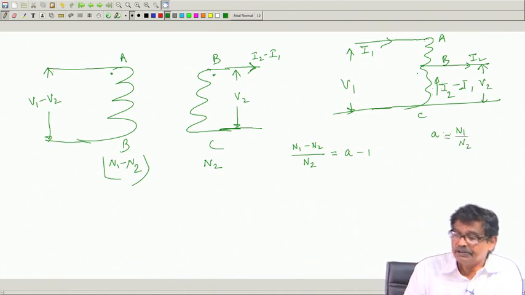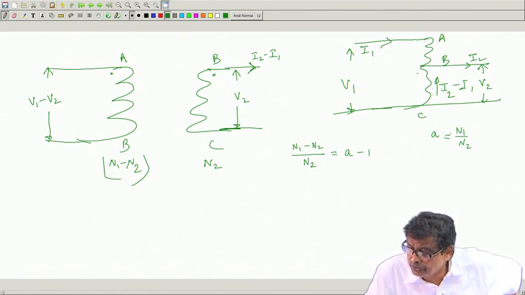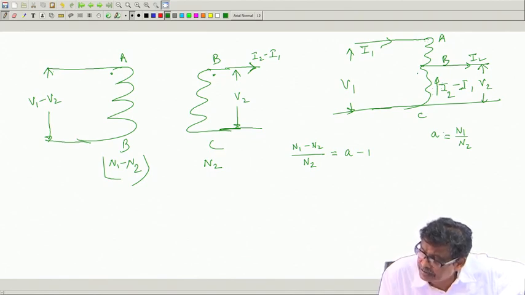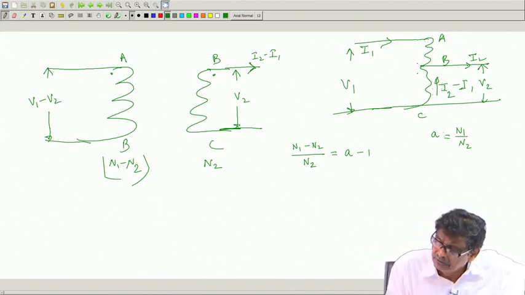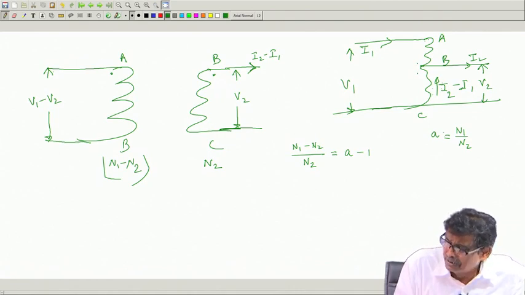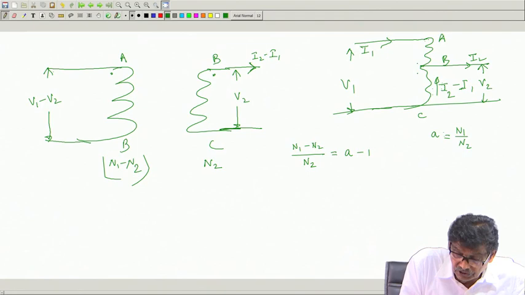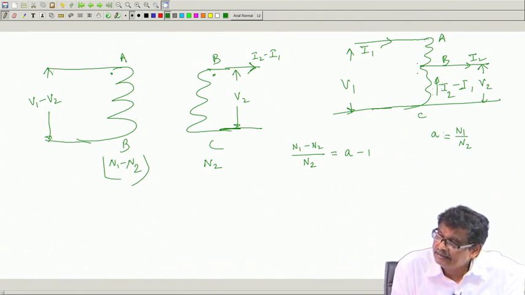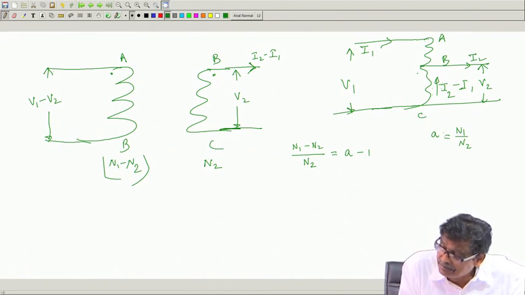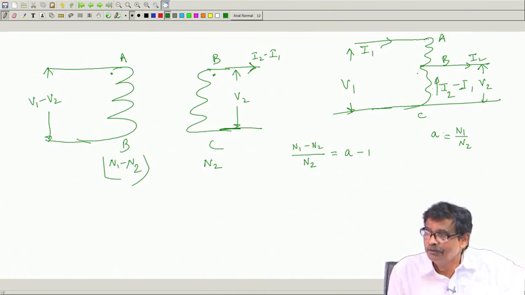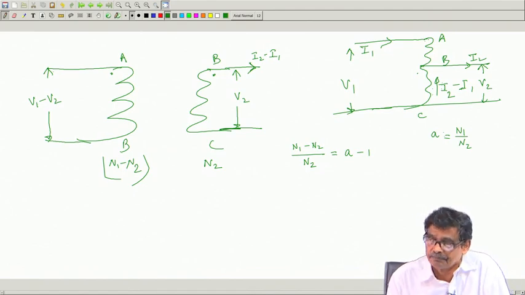Now, please be with me, what I have done, these two are separate windings, this fellow is carrying a current I2 minus I1, this portion is carrying a current I1. So, it is just like a 2 winding transformer having applied voltage to this coil AB as V1 minus V2 and this as V2, but delivering a current of I2 minus I1, not I2, then you will be doing mistake.